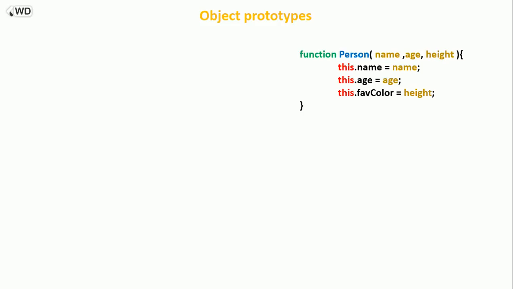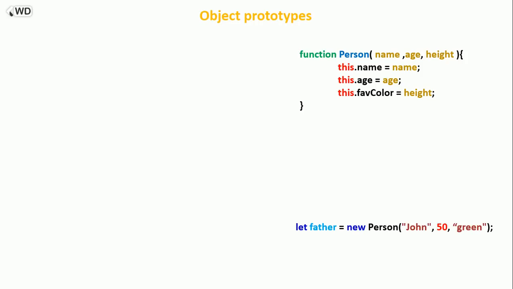To create an instance of this object, we say let father equal new Person, and we give it the arguments. Now the Person object here is a function, so Person inherits the properties and methods from Function.prototype, and also the function inherits the methods and properties from the Object.prototype.